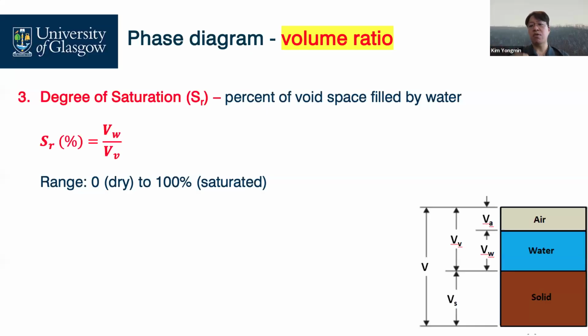So we want to figure out the amount of water in the soils, technically in the void spaces. It is usually expressed as a percentage. So when S or SR equals 1 or 100%, the soil is considered fully saturated. And when the degree of saturation S equals 0, the soil is fully dry.